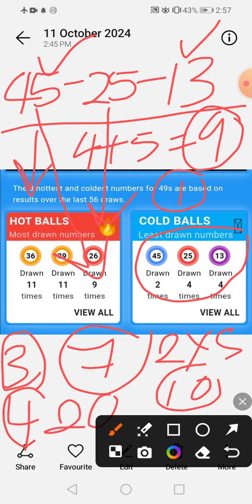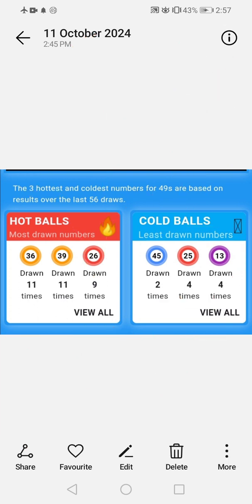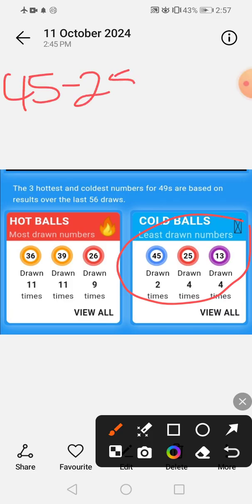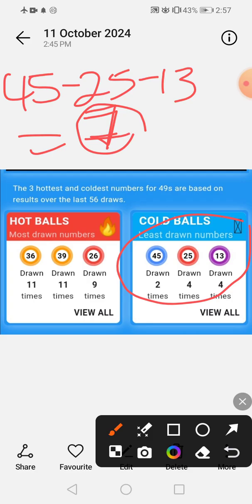So as you can check what I was doing there with the hot and cold balls, that is the trick now. So let's do this with the cold balls. We're not yet done. We're going to say 45 minus 25 minus 13. We get a 7. So can we expect a 7 tonight? Let's expect a 7.